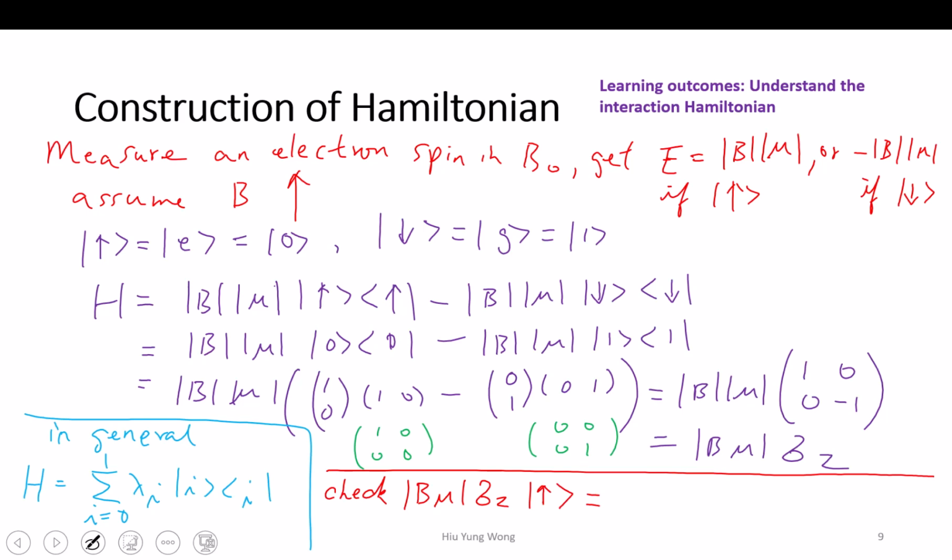What do you get? Well, it is B mu 1, 0, 0, negative 1. Spin up is what? 1, 0, right? What is this? It's still equal to B mu times 1, 0, right? Because 1 times this is 1 and this is 0. So I do show you that indeed this is the eigenvalue of this matrix, and this is the eigenvector of this matrix, right? Just a checking.